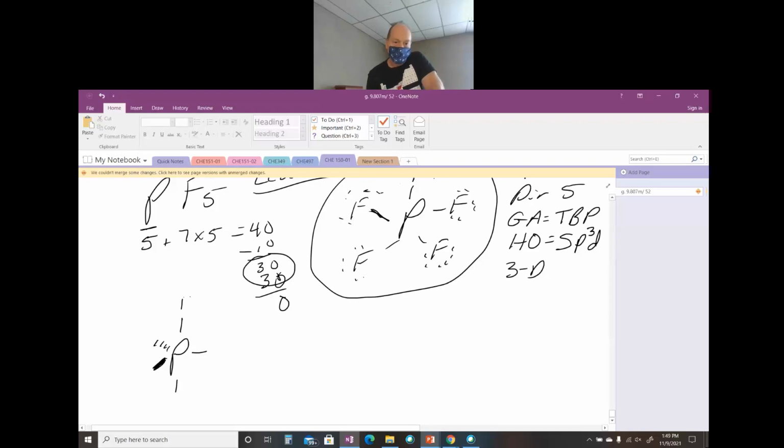All right, and so this is how you draw your trigonal bipyramidal. All right, and so since there are no electron pairs, nothing that is invisible, then your geometric arrangement and your molecular geometry are exactly the same.